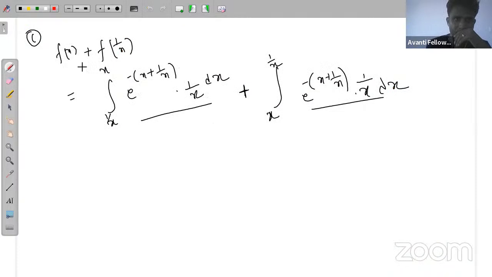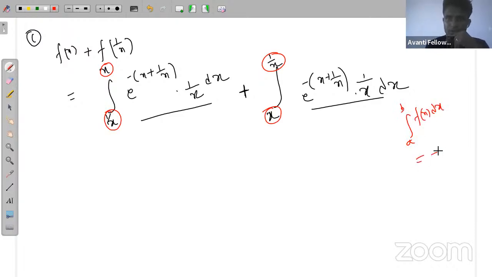Similarly, whenever you put f of x 1 by x, it will be like this. You can see that it's x and 1 by x, and here is 1 by x and x. You know that integration from a to b of f of x dx is equal to minus integration from b to a of f of x dx. That means if you exchange this, it will be minus. Yes or no? It will be minus again.